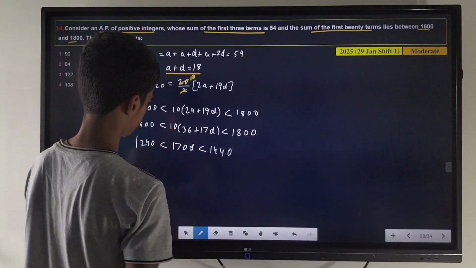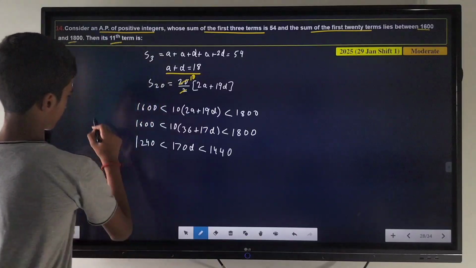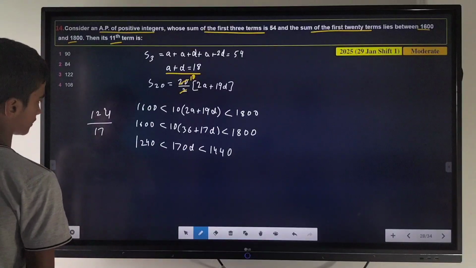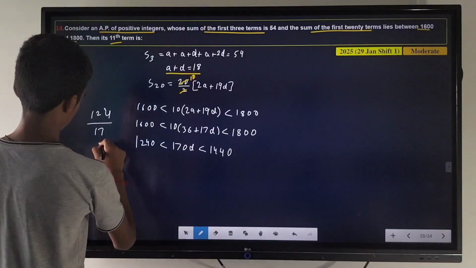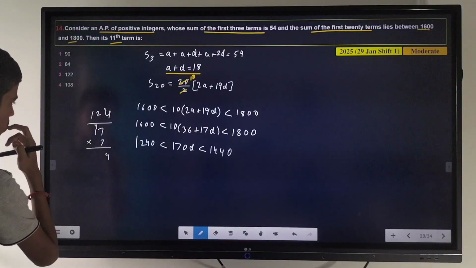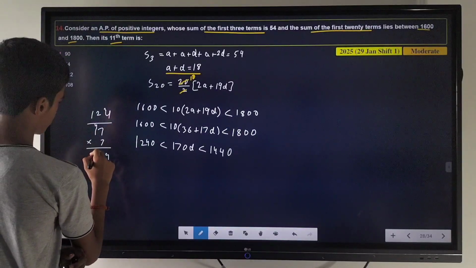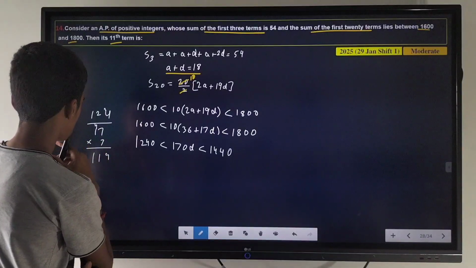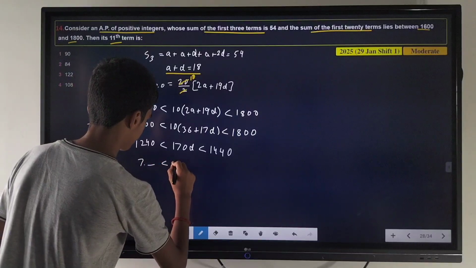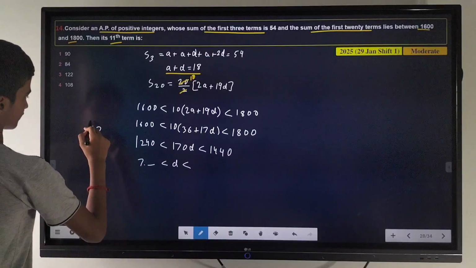So 124 upon 17. Let me check it. This will be 7 point something d, and the other term I think will be 17 into 8.